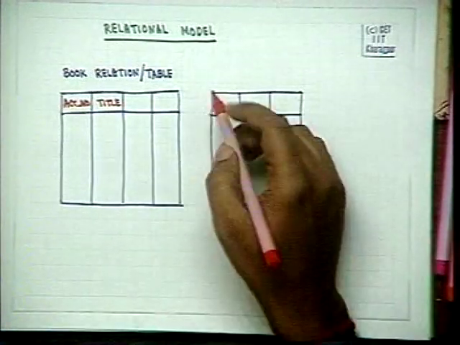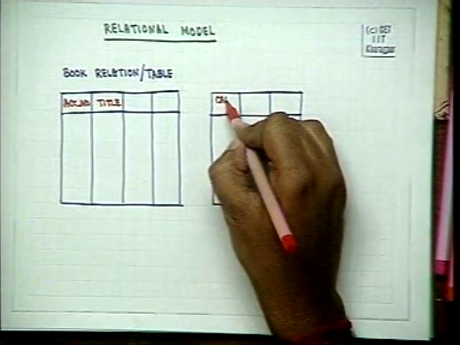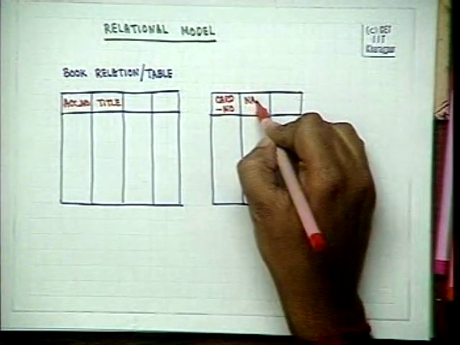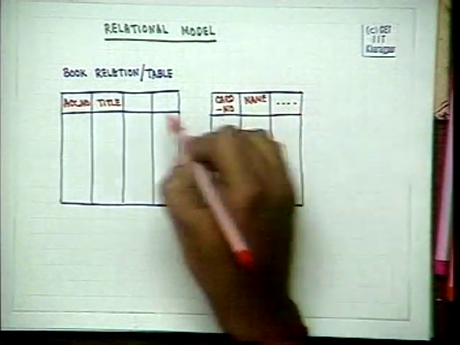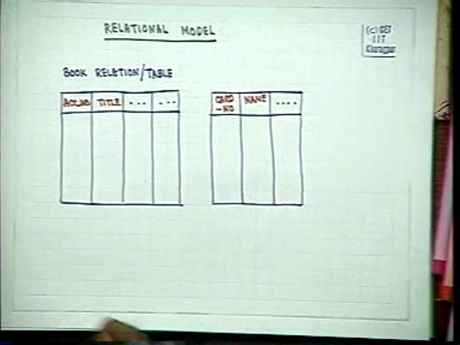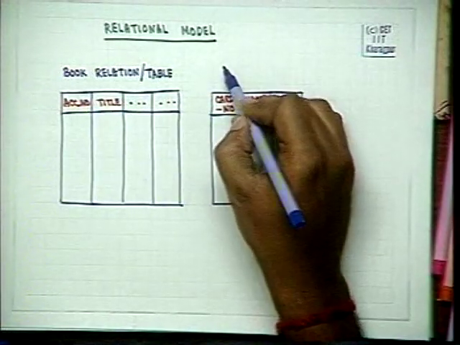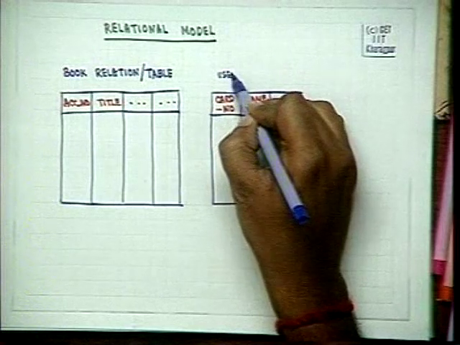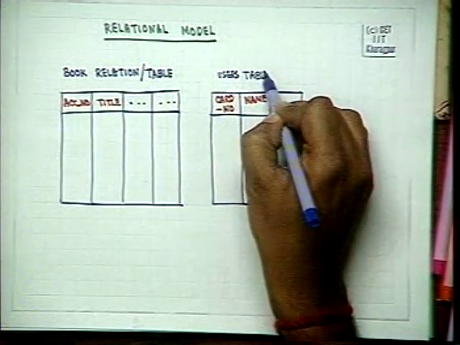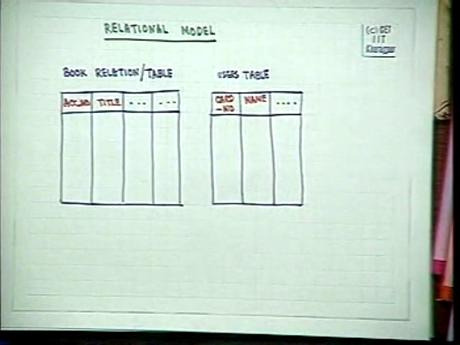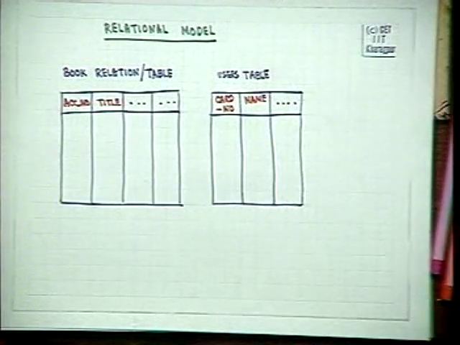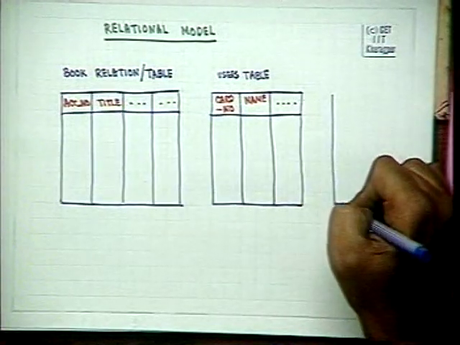Here it will be card number, name, etc. So, this is the users table. And finally, we will have the borrowed by table.